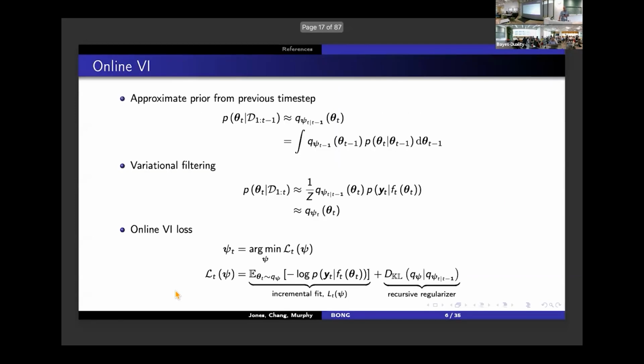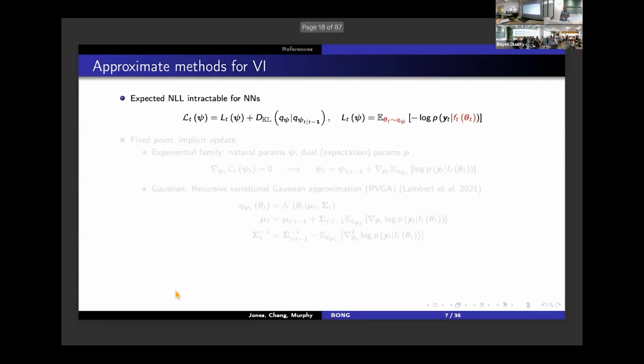All right, so this is still not tractable because of this expectation term. In the context of neural networks, for example, I've rewritten the online loss as just the sum of these two terms. This Roman L here is just the expected negative log likelihood, and then we have the regularization term.